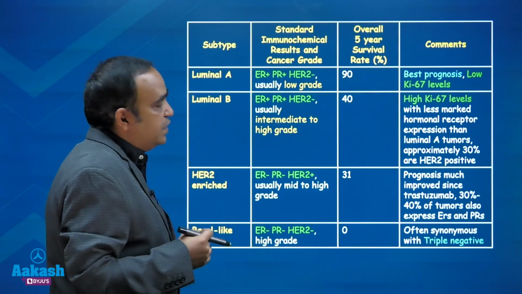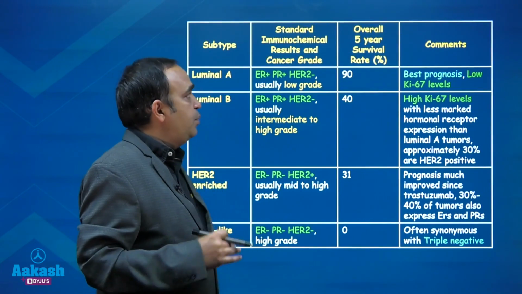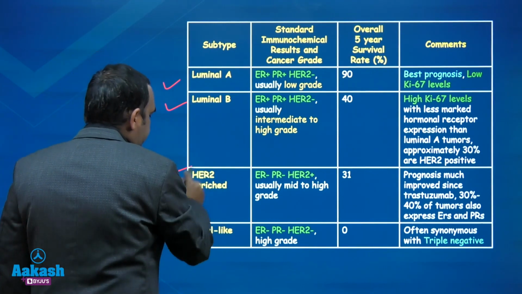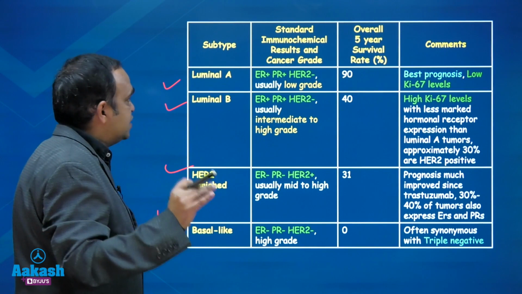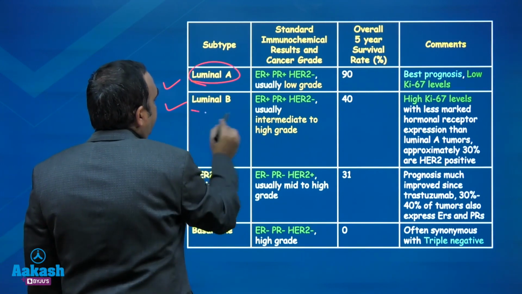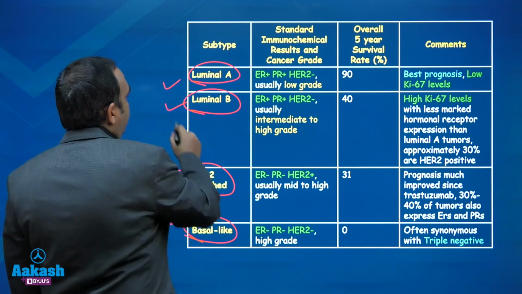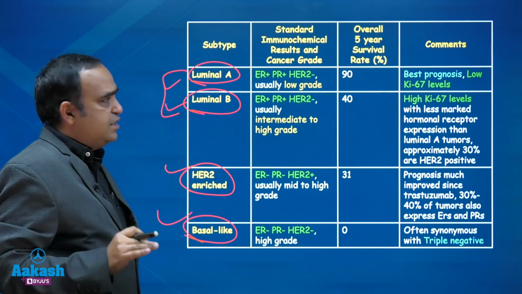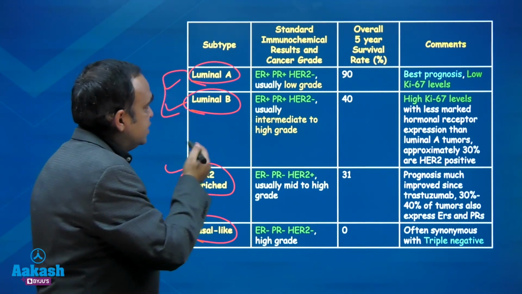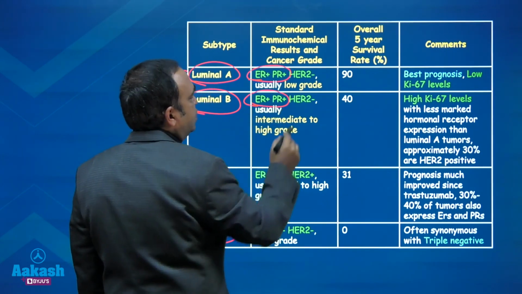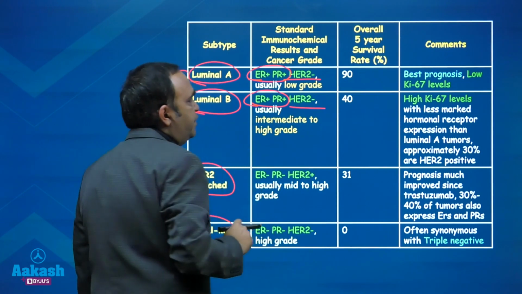Let me show you the classification, the real molecular classification of breast cancers. So these are the 4 types, and this is mandatory, you must know it. Luminal A, luminal B, HER2 new enriched, and basal like. Luminal A and B are very similar in the receptor status. ERPR is positive in both, HER2 new is negative in both.